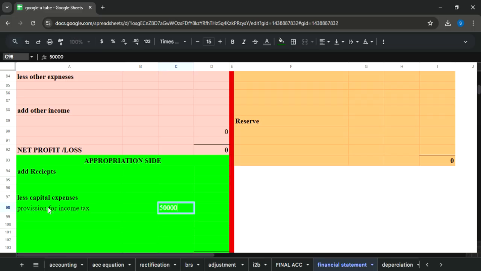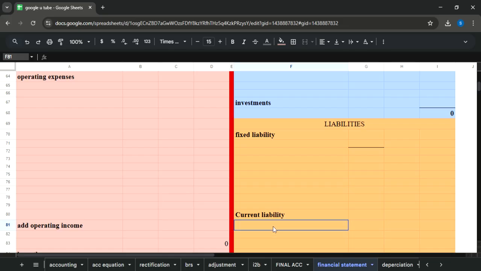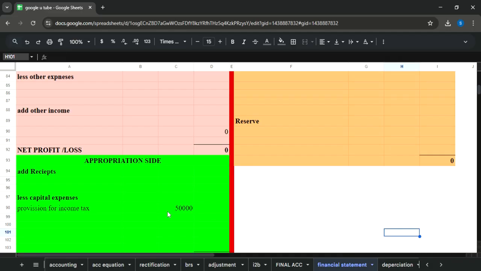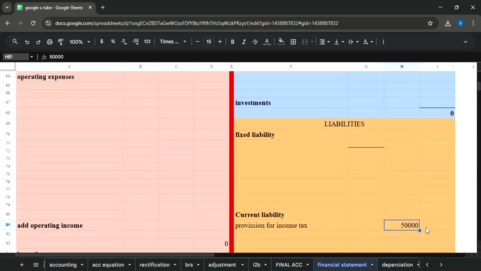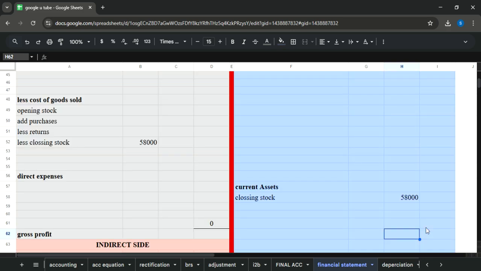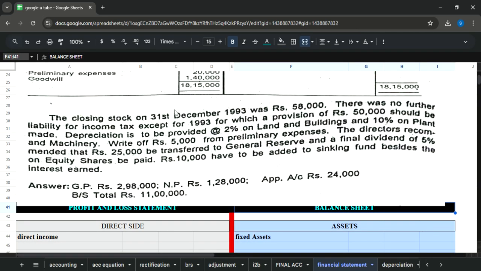First effect is completed. You will now go to current liability side, and there you will mention 50,000 in current liability side. Both effects completed, as you have seen, one in appropriation expense side, secondly in liability side. It means our adjustment related to this 50,000 completed.